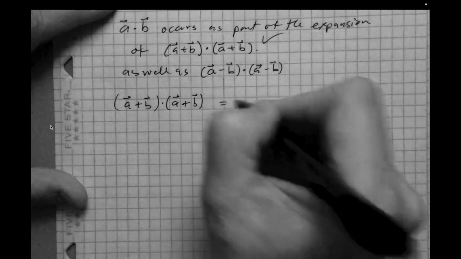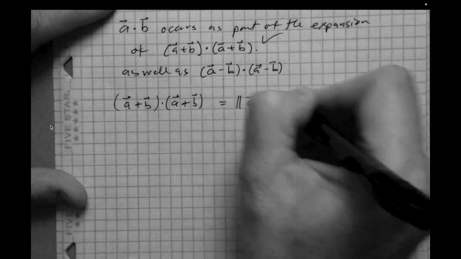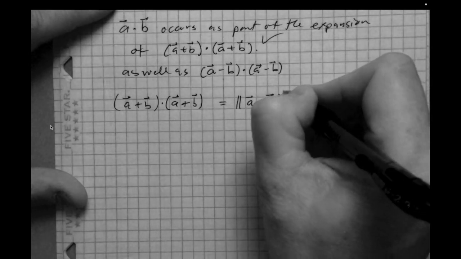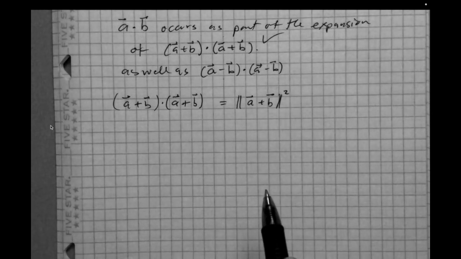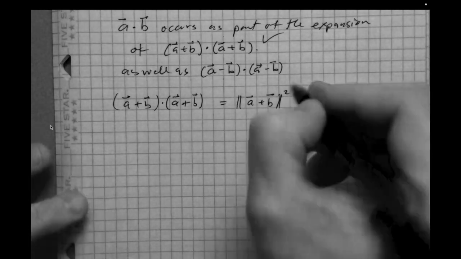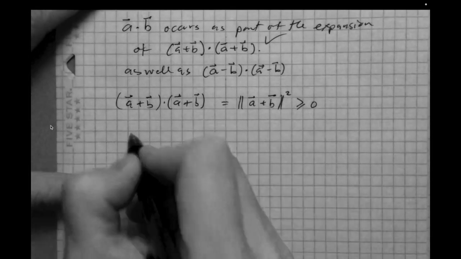Well, I know that that's equal to the norm of a plus b squared, right? And I know that it's greater than or equal to 0. Okay, and so then what?